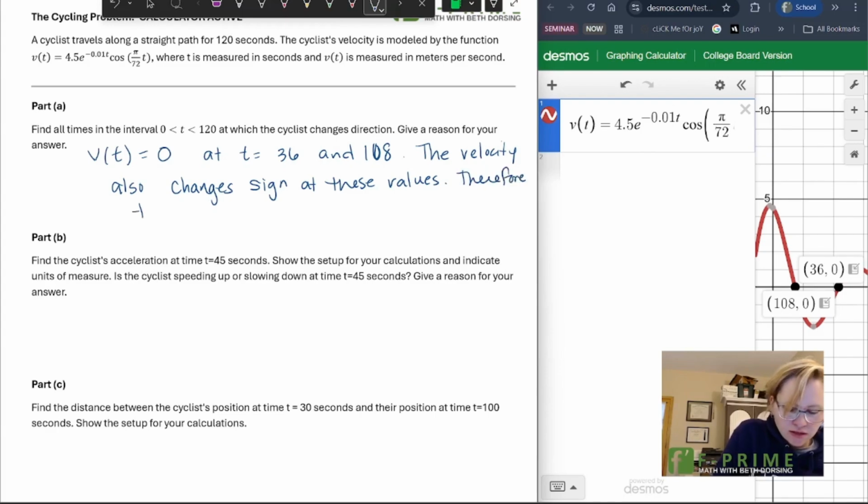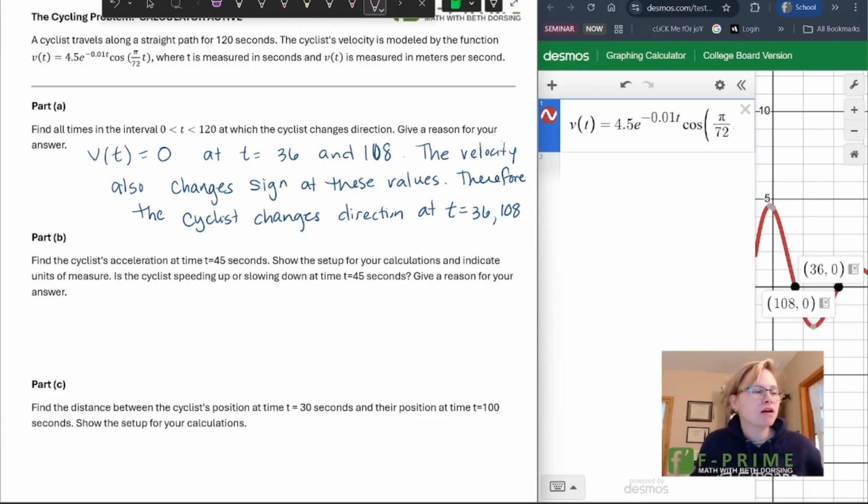Therefore, the cyclist changes direction at t equals 36 and t equals 108. And that's how I'm going to write my answer.